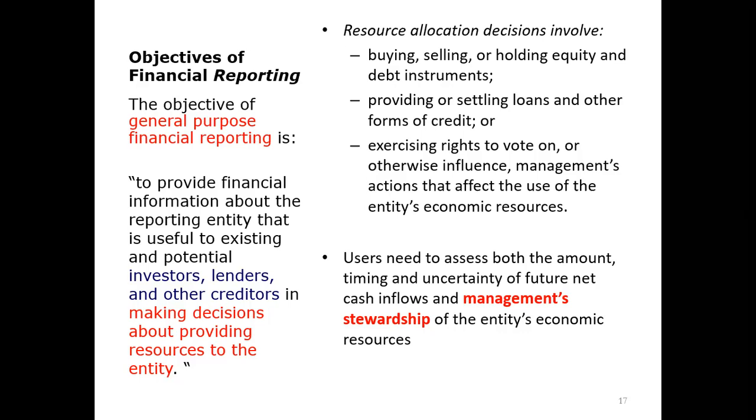Having taken these resources, the managers are under an obligation. The management have an accountability, a responsibility. What is that? They need to put these resources to the best use and make a fair return for the capital providers.